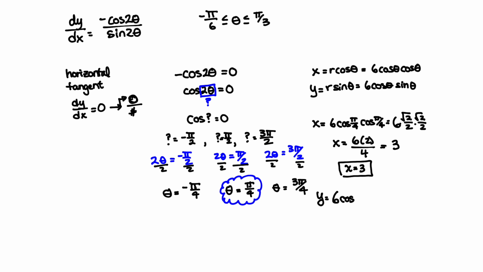So that's going to be 6 times the cosine of pi over 4 times the sine of pi over 4. And what's interesting is that at pi over 4, the sine and the cosine are identical, and so it looks like y might be the same thing. It's 6 times square root 2 over 2 times square root 2 over 2, and we just calculated that out to be 3. So that means when x is 3 and y is 3, we have a horizontal tangent.